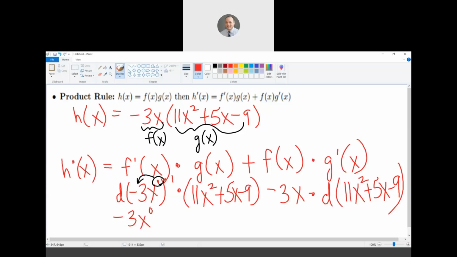That's x to the 0 power now. Times g, bring it down, plus, well, in this case, minus your original f, and times the derivative of g.